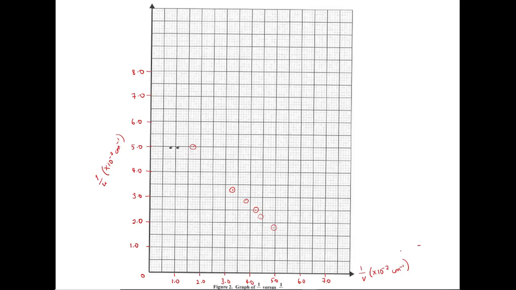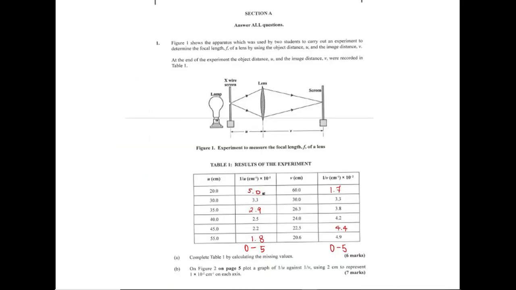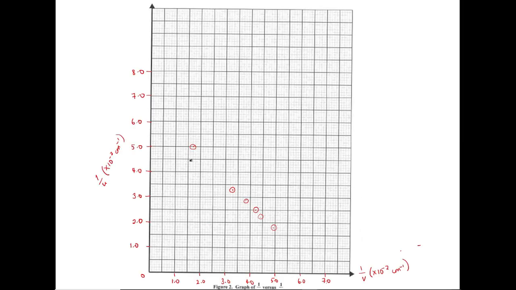So when it's 5, it is 1.7. If you don't know how to plot a graph, I have videos on that as well. So 5, that's your y-axis, come across, go down, and then you have 1.7 right here. So that would be a little coordinate right here. And then I plotted all of them.